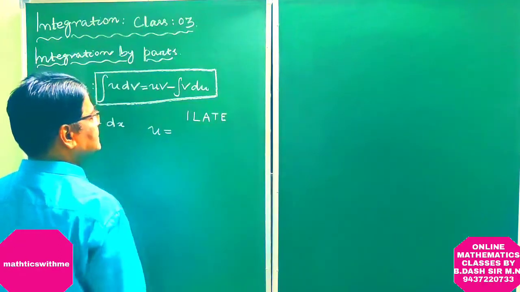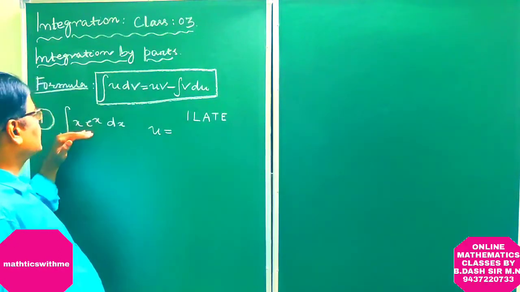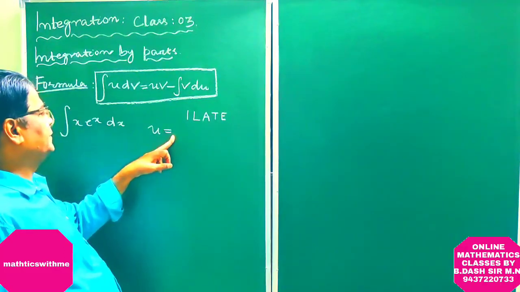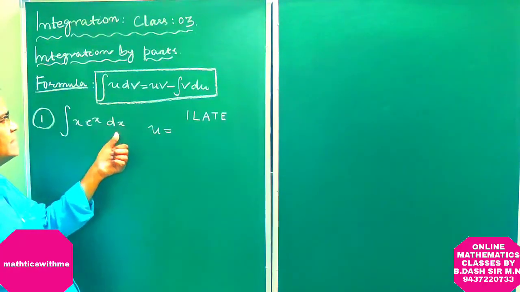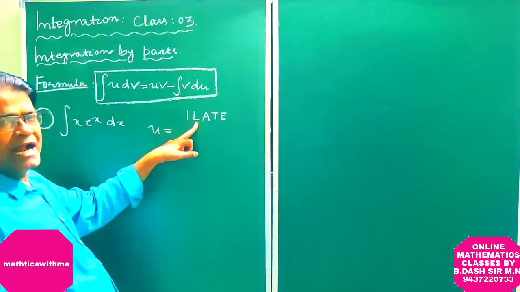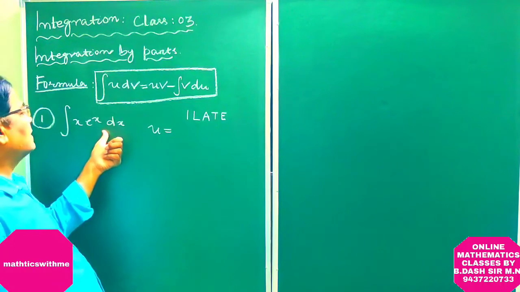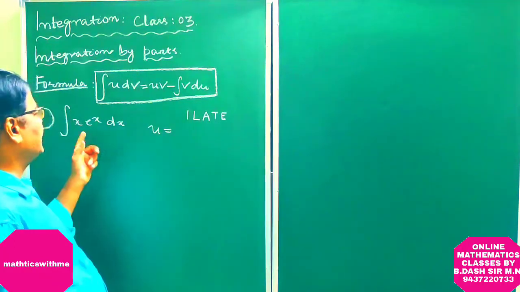Here I stands for inverse function. If an inverse function is here, we have to take it for u. If there is no inverse function in this expression, let us proceed to L. L stands for logarithm function. Here there is no logarithm function, so let us proceed to the algebraic function.